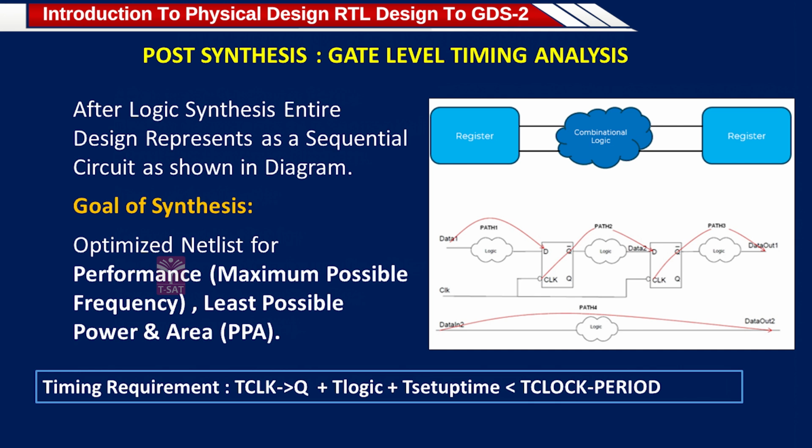Typically, the entire design is converted into a sequential circuit as shown in the diagram. If you look at the bottom diagram, first one is the data one, that is your I/O pad, input to your chip. That is going to a logic, that logic is going to the D pin of your flop.